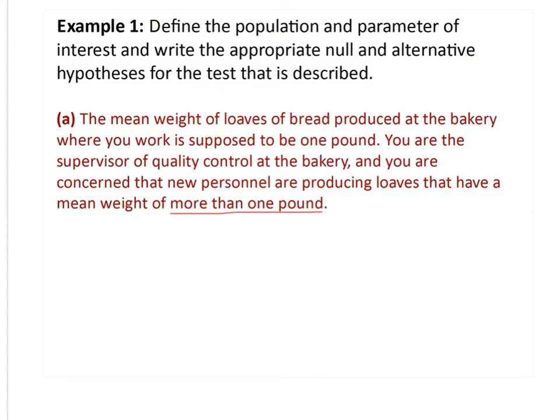So if this is the scenario, and I have to start out with the population, I would say the population, or the who. Well, I took a sample, and I'm checking the loaves of bread, so the population would be all loaves produced. The parameter, or what I'm measuring, is their average weight.